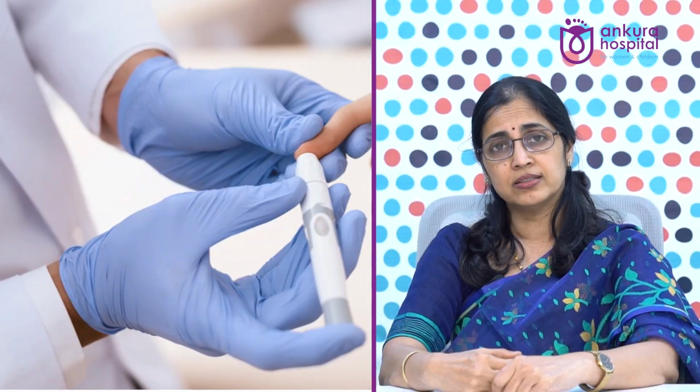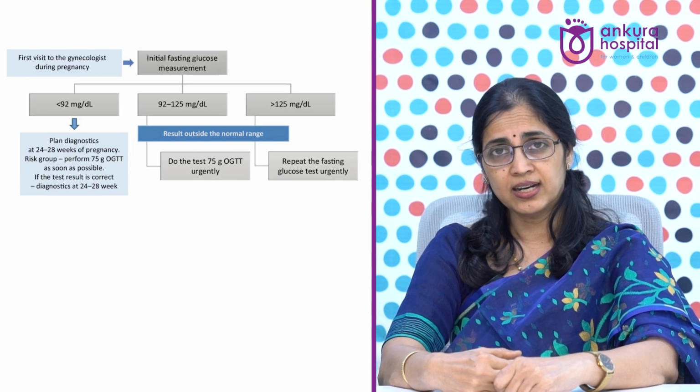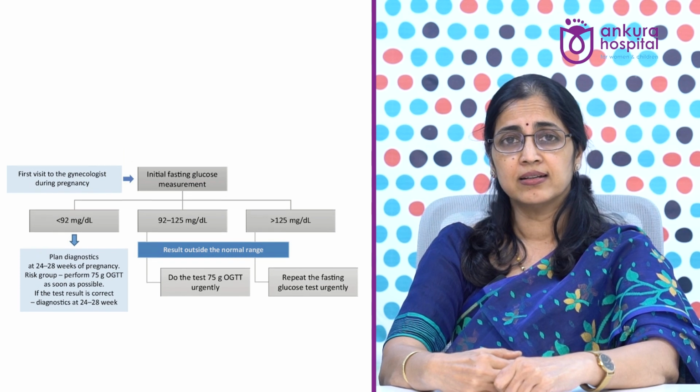So we recommend universal screening for diabetes in pregnancy, and the test that is done is the 75 gram oral glucose tolerance test, and the blood sugar level is measured 2 hours after the oral glucose intake. The next test that is done is the renal function test, for which we commonly do the serum creatinine.